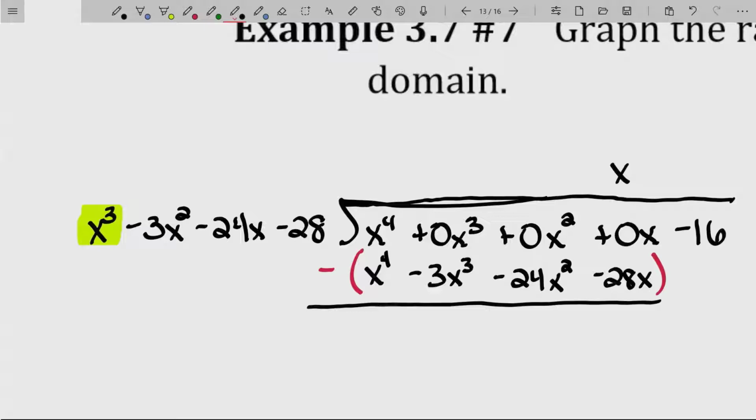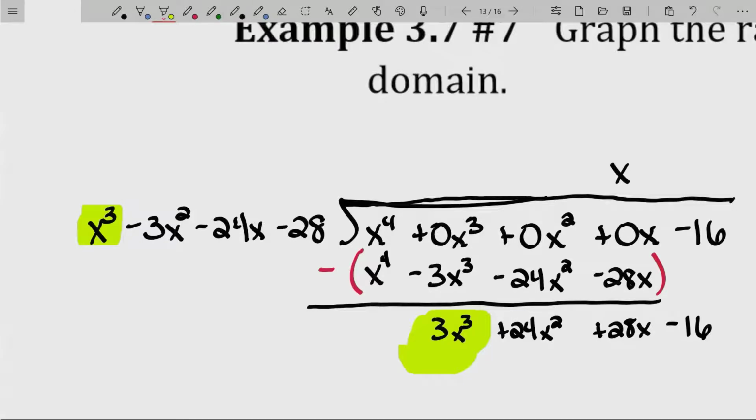You have 0x cubed plus 3x cubed, so 3x cubed. You have a 0x squared plus 24x squared, so plus 24x squared. And then you have a 0x plus 28x. You can bring down the negative 16, but you'll find out right now that there's no need to go any further, because what you're going to do is take x cubed and see how many times it goes into 3x cubed.